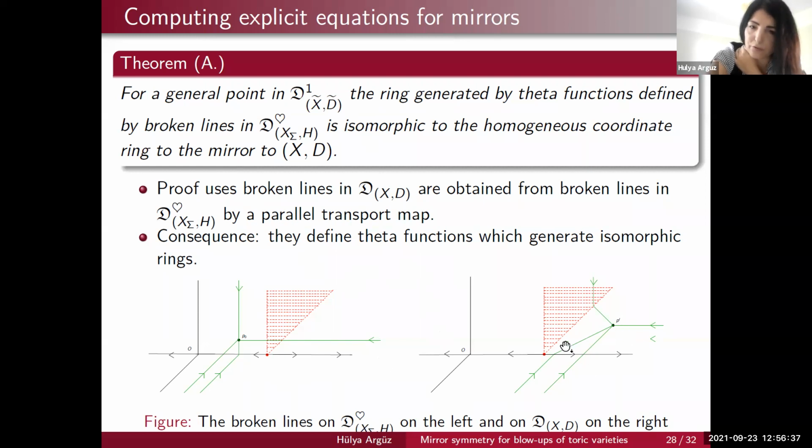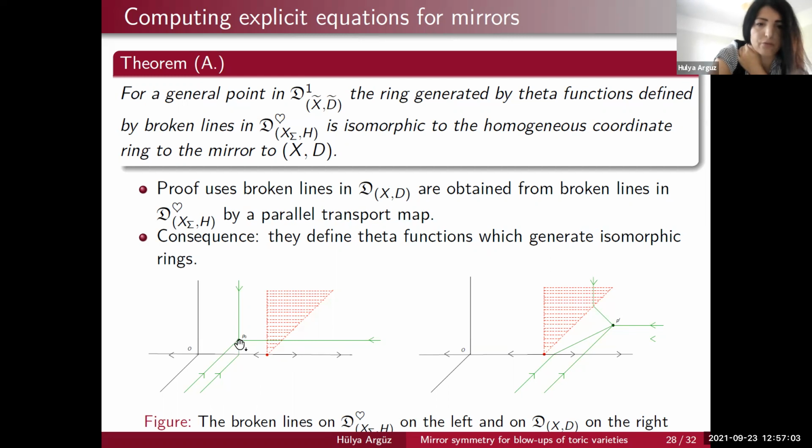Your ring of theta functions was defined by taking a point outside where these walls correspond to walls of the canonical wall structure and so on. But I claim that you can just forget everything that's happening outside and take a point here and write theta functions defined by broken lines here. And you will get an isomorphic ring to the ring of theta functions.